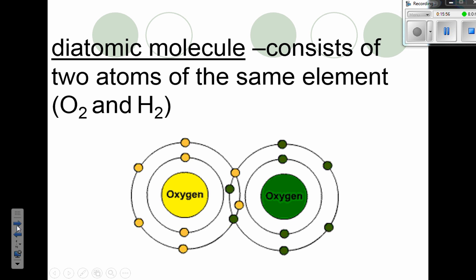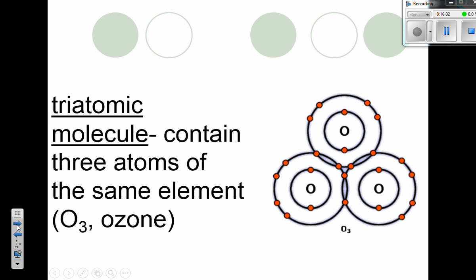Okay, what about when you have the triatomic? Oh, that's such an excellent question, Yash. When you have a triatomic, the same thing is happening, except electrons are being shared 3 ways. Typically what happens here is these are what we call a double bond.